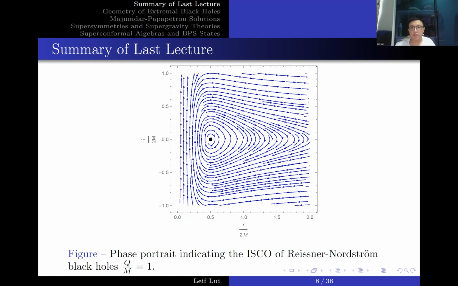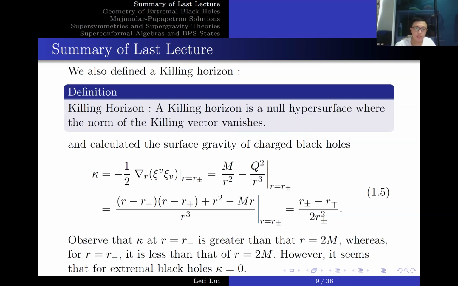So today I will talk about the physical properties of extremal black holes, and even though they are not astrophysical, they have a lot of interesting physical and mathematical properties. Before I do that, we also talked about Killing horizons and their connection to Lie algebras and Lie groups.